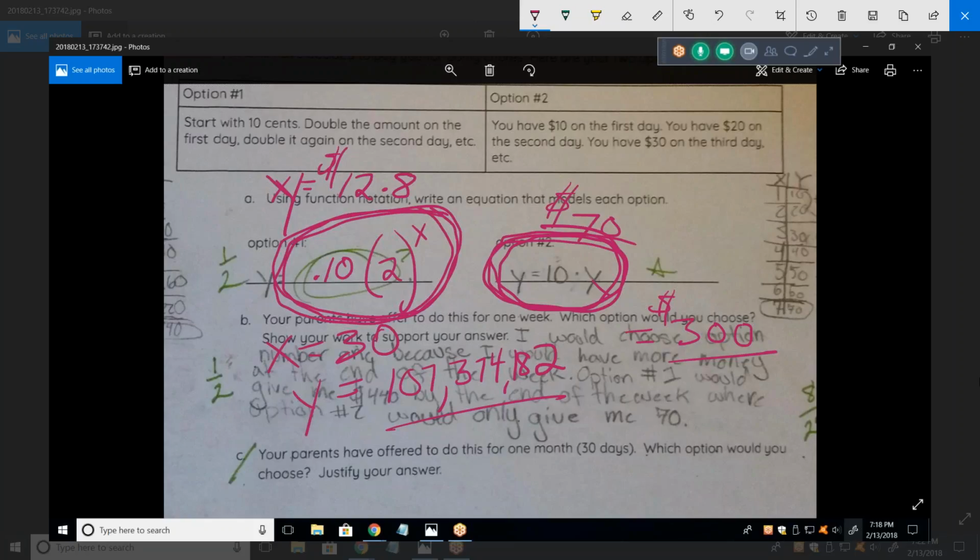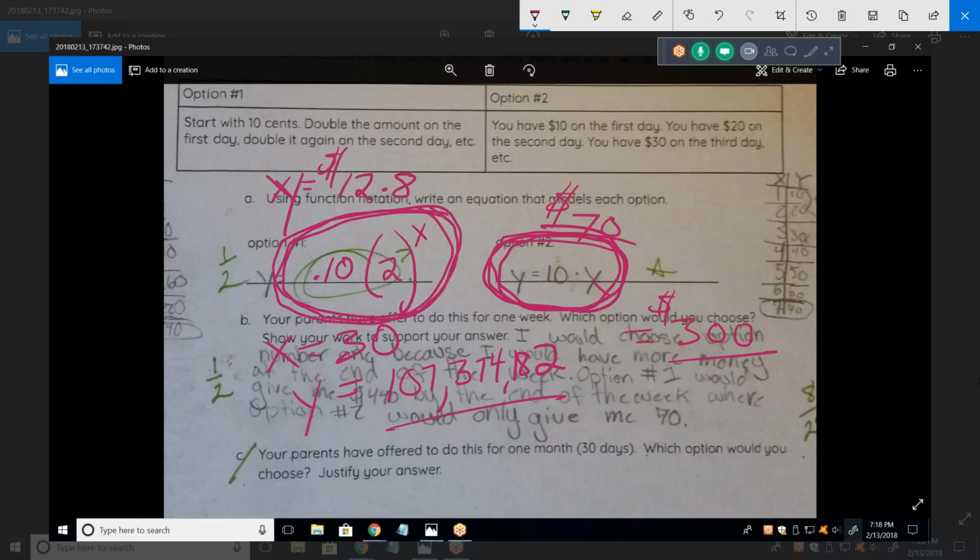And what this problem is showing you is how powerful exponential growth is. It's just that x has to get beyond a certain number. In other words, when x was 7, option 2 was quite a bit better, $70 versus $12.